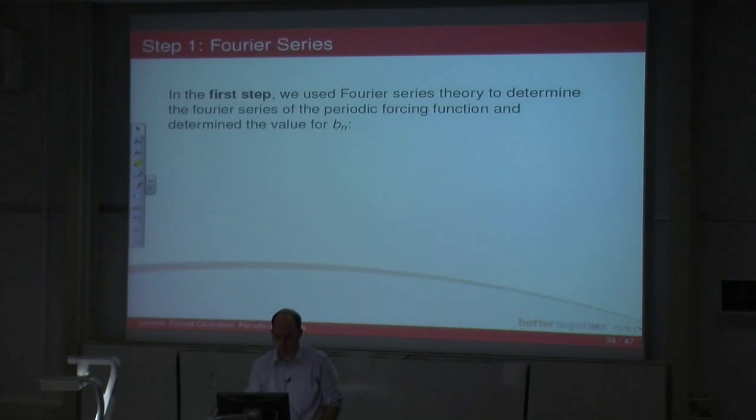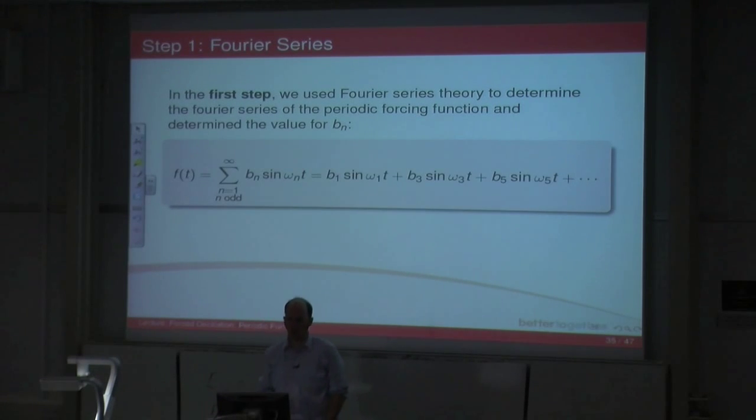So that's the solution of this problem. Now, let's just go over the steps that I went through to solve for this. In the first step, we used Fourier series theory to determine the Fourier series for the forcing function. Okay? And we determined the value for b of n. We found that when n is even, b of n is 0, and when n is odd, b of n equals 4f naught upon n pi. And so the forcing function looks something like this. A of n was 0, we found, and there's no constant term.